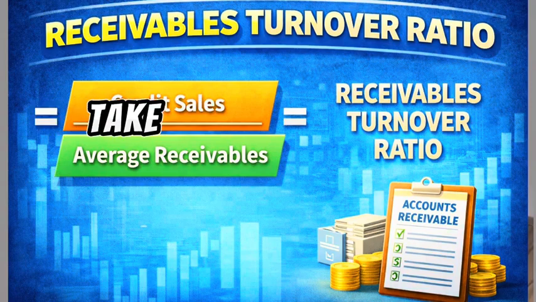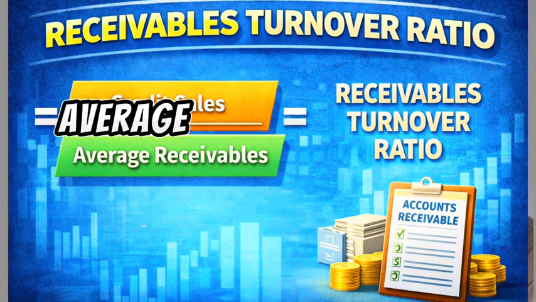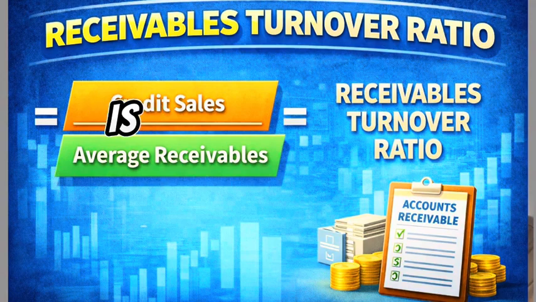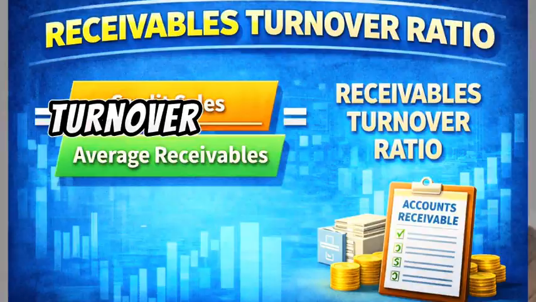So you take your credit sales and then you divide it by the average receivables. This is what gives us the receivables turnover ratio. So if you have a high ratio, what does it mean? It means that you are collecting on time. If you have a low one, it means you're not collecting on time. So you might have a problem of liquidity in your company.